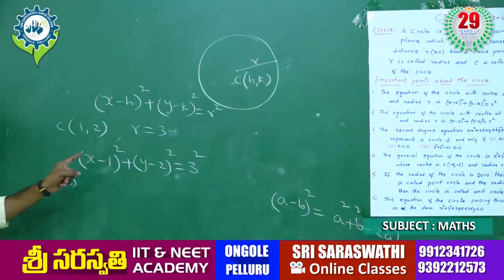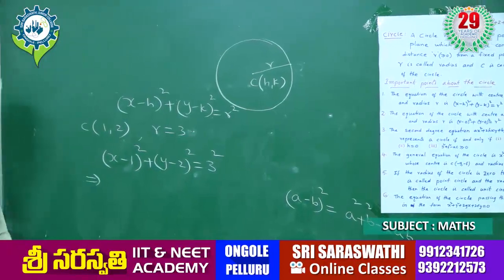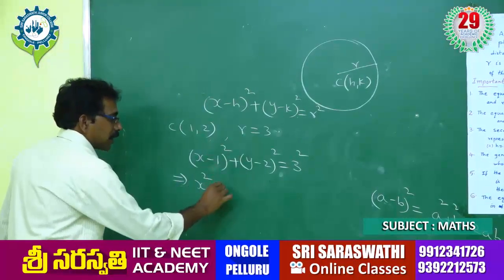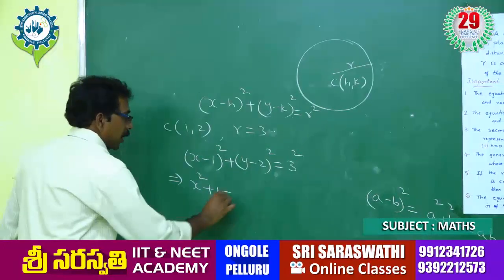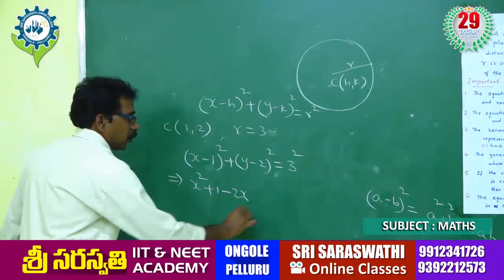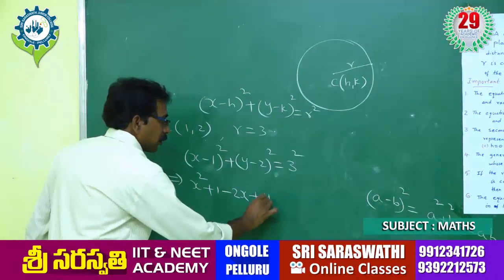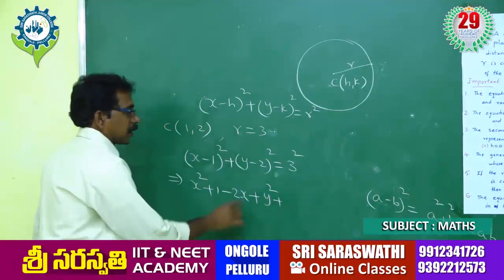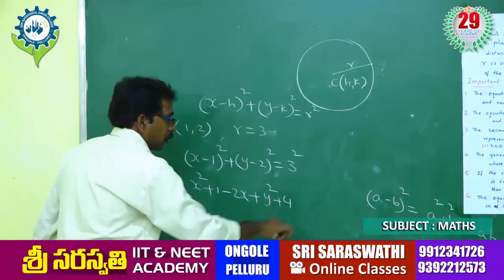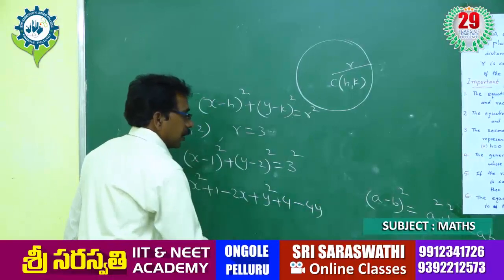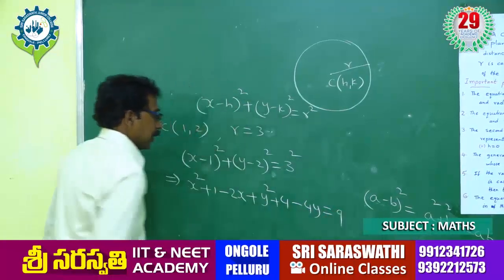Using that, x square plus 1 square means 1, minus 2ab means 2x, and similarly y square plus 2 square means 4, minus 2ab means 4y, is equal to 9.